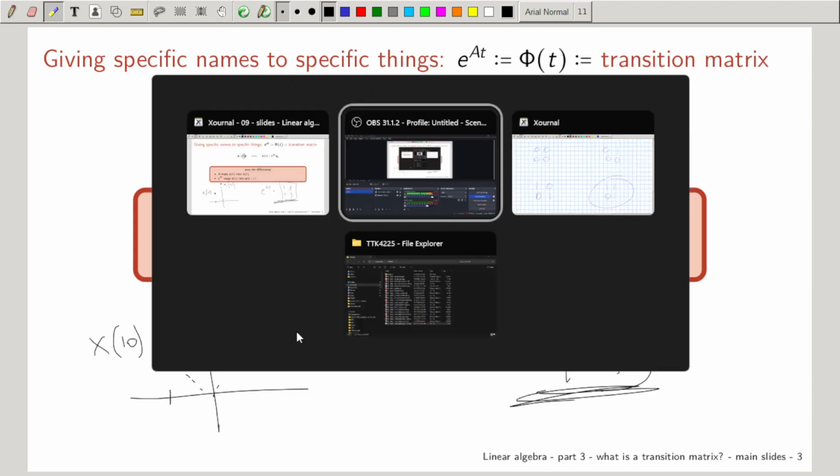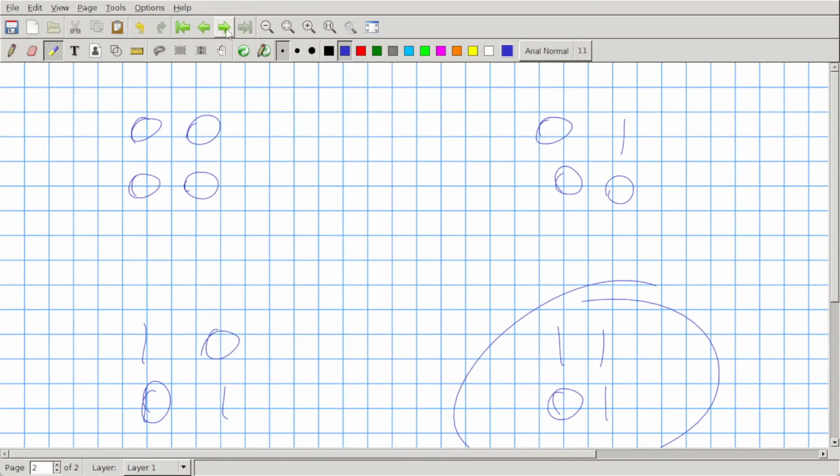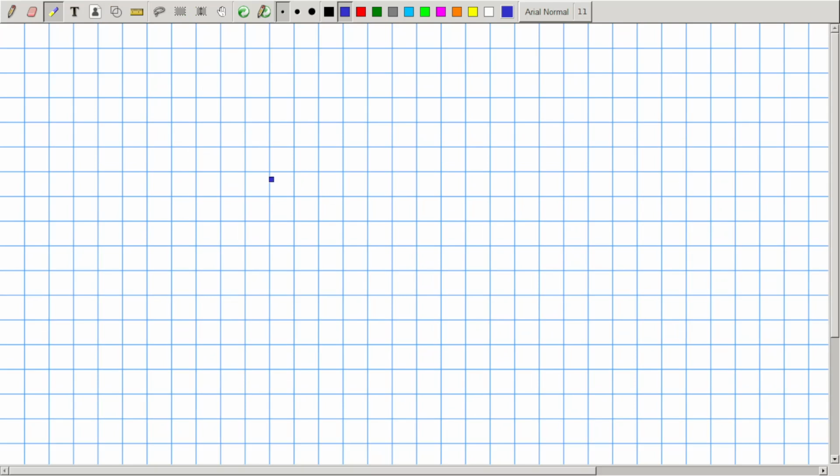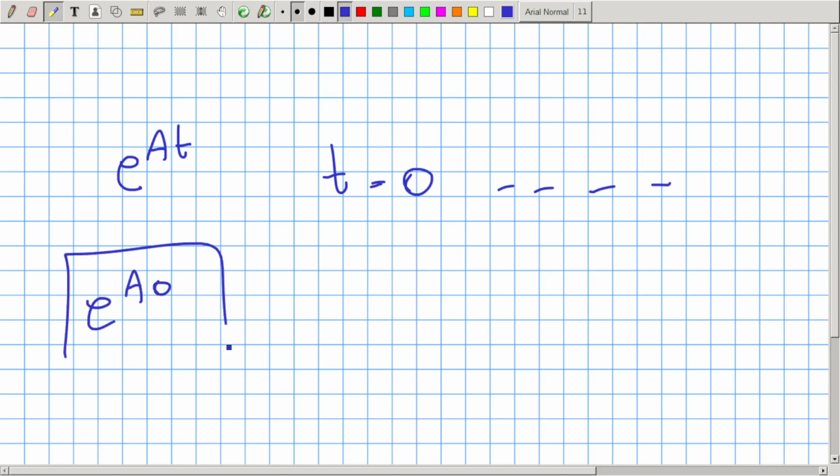Let's do another drawing. I know it might be confusing people. So e^(At) for t that goes from 0 to whatever it is. We might have e^(A·0). What do you think this is going to be equal to? Guess.